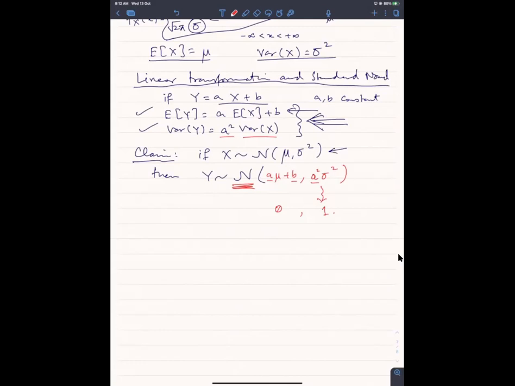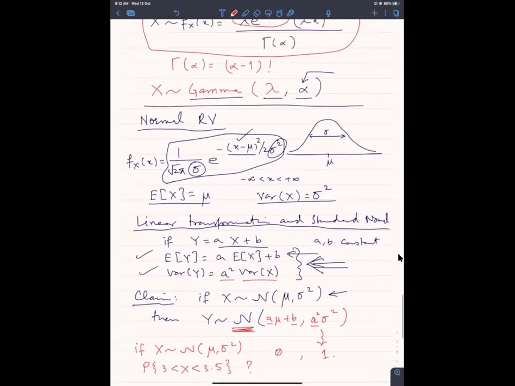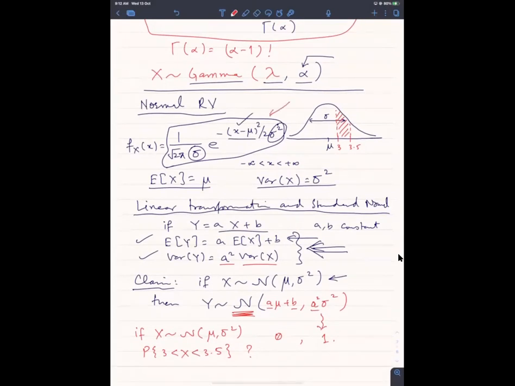This is entirely possible. Now, suppose I ask you a probability question: if x is normal with mean mu and variance sigma square, what is the probability that x takes a value between 3 and 3.5? Easy. Take a look at this. Identify 3 and 3.5 here. So maybe 3 is here, 3.5 is here. We need to find this area under the curve. How will this area be found? We integrate the density function from 3 to 3.5.